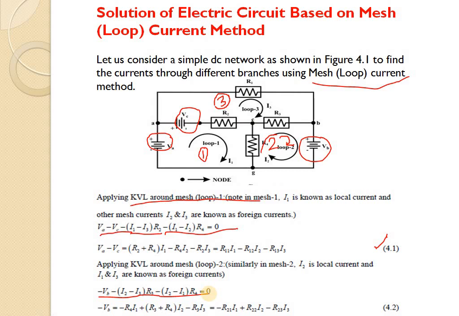Now we are in loop 2, so the current of loop 2, I2, comes first, and it is connected with the adjacent loop I1. So it will be (I2 minus I1) into R4, and another resistance R3 is connected with loop 2 and loop 3, so it will be (I2 minus I3) into R3, all equal to 0. We get equation 4.2.